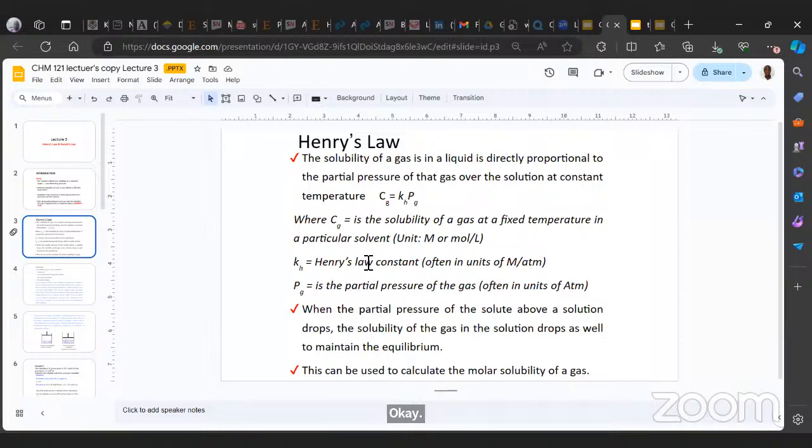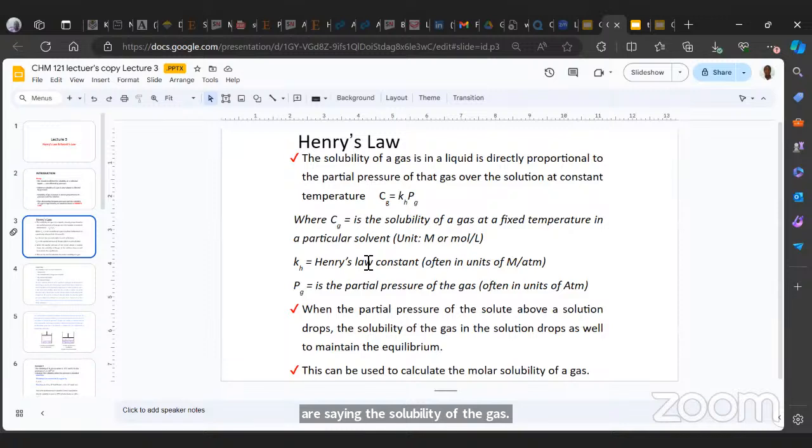So let's look at Coke as our example here. They're saying the solubility of the gas inside the Coke is related to the pressure you put on top of the Coke.